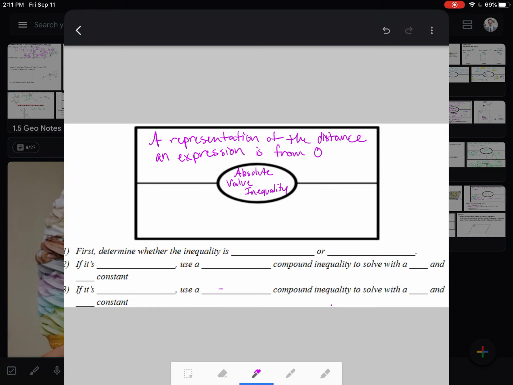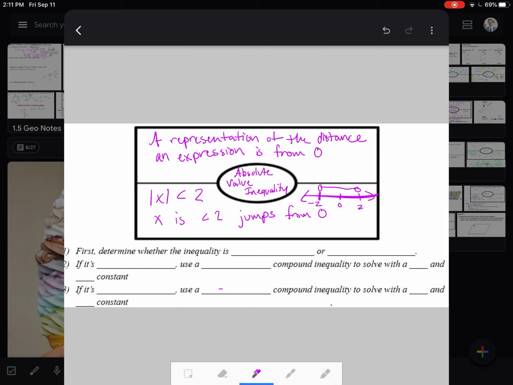So a couple examples of this, but the big idea is if you have something like the absolute value of x is less than 2, basically what it's trying to say is x is less than 2 jumps from 0 in either direction. So thinking about it literally, anywhere between -2 and 2, x could be, because it's within 2 jumps from 0.